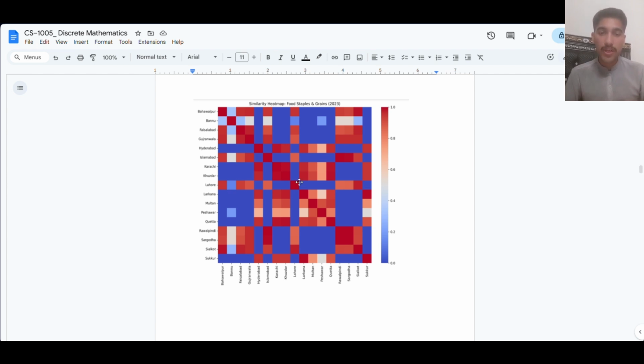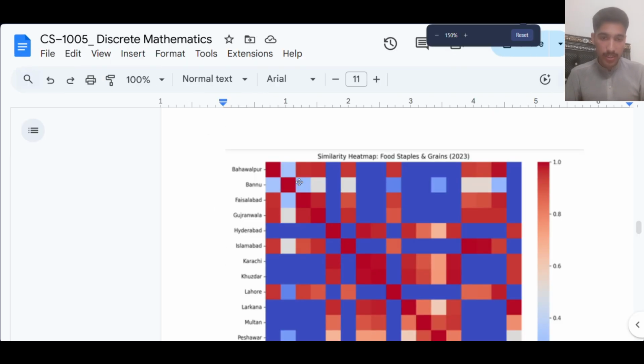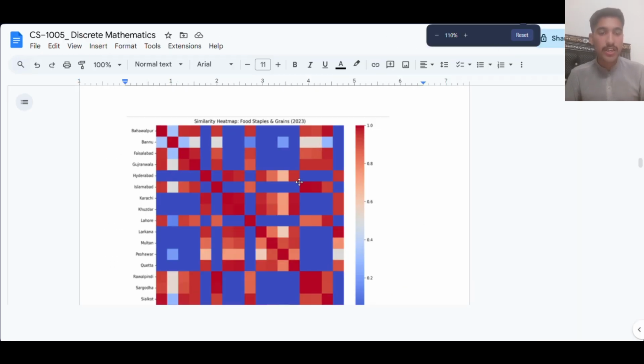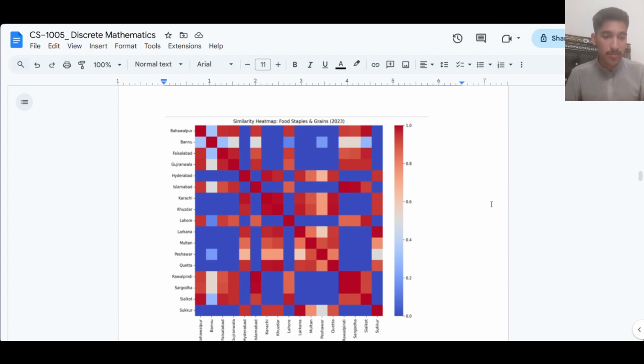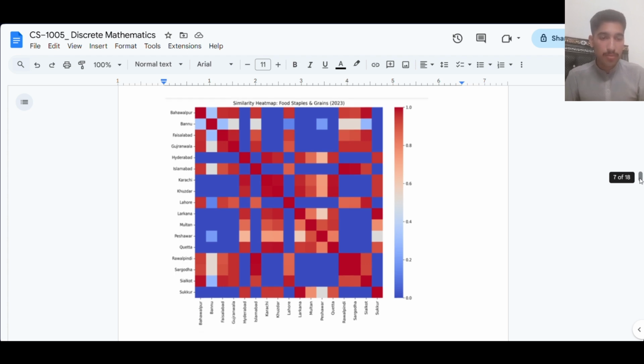Just by looking at the heat map that I am currently showing on the screen, you can instantly identify the groups of cities that behave similarly. For example, Lahore, Rawalpindi, and Islamabad may have similar trends, so they appear in bright colors against each other. This is a key visualization, because it gives a quick overview of how connected or similar cities are.